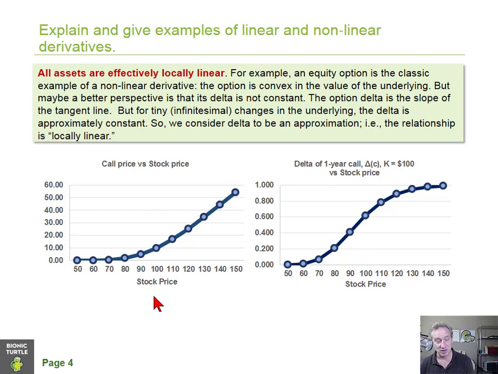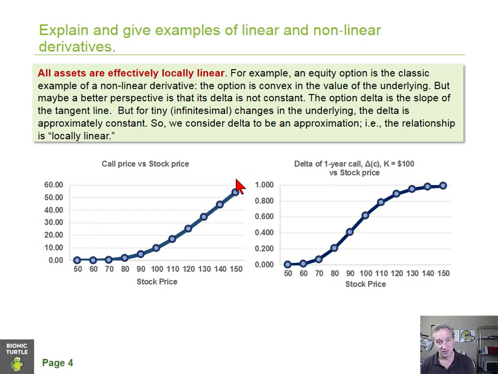And in the case of bonds, it's the duration-convexity frame, and they are closely related. They are actually manifestations of the same Taylor series that comes up in a later slide. But the key idea here is that all assets are effectively locally linear, and this applies to option delta in the same way that it applies to bond duration.